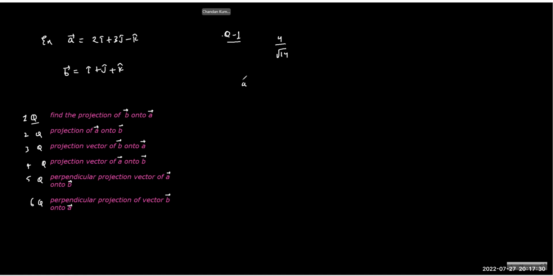So what is A cap? 2i plus 3j minus k upon root 14. And B cap is (i plus j) by root 2. And what you are writing is B onto A, B dot A cap. Yeah, that's fine. So it's 2 plus 3 minus 0... Yeah, that's correct.